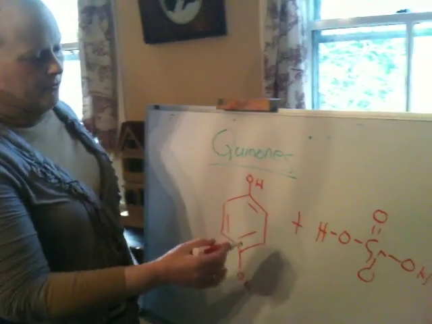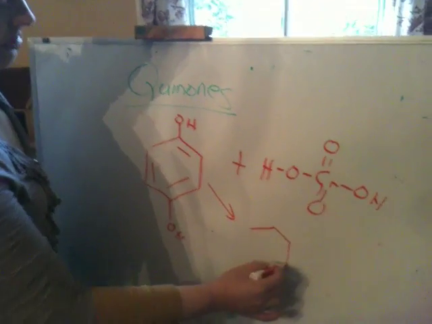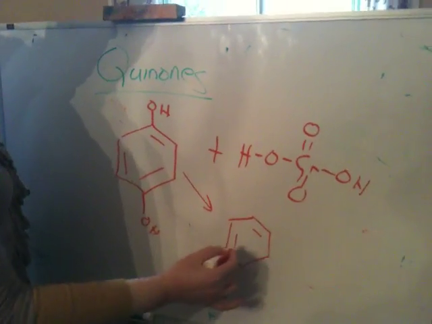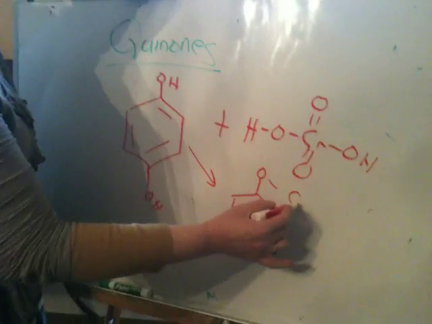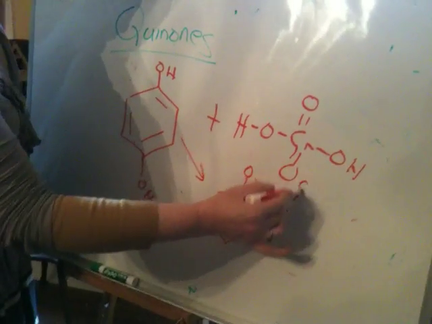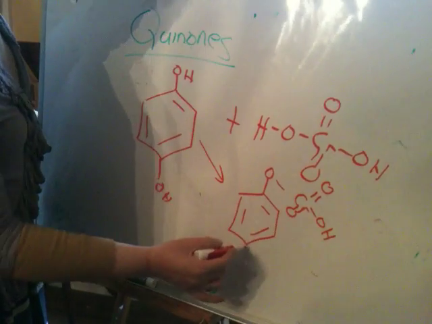And what you're going to make from this is a chromate ester. This should look very similar to when we did the oxidation of alcohols.